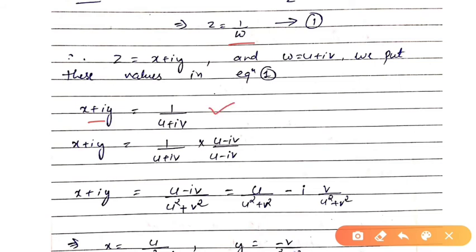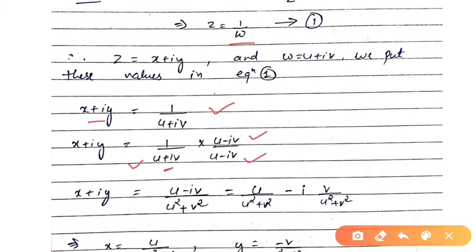So I get x plus iy is equal to 1 upon u plus iv. Now we know that in the denominator we don't need an imaginary number, so we will take the conjugate. How to take the conjugate? We change the sign and multiply and divide by this particular value. Here in the denominator we have u plus iv, so we multiply and divide by u minus iv.